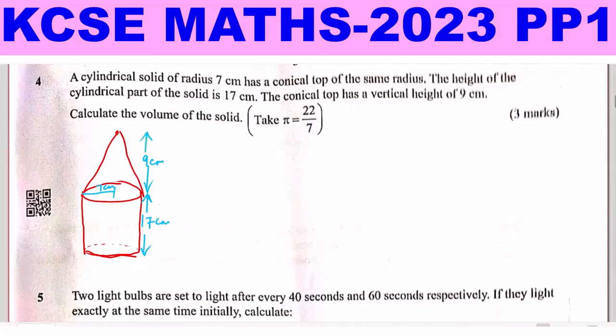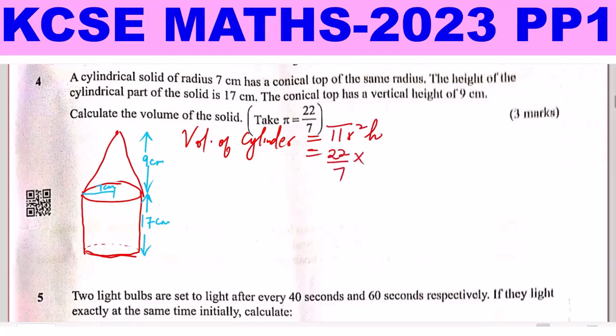So having that, we require to get the volume of the solid. We have 2 shapes here. We are going to start with the cylinder. So the volume of the cylinder is given by pi r squared h. So pi is 22/7.